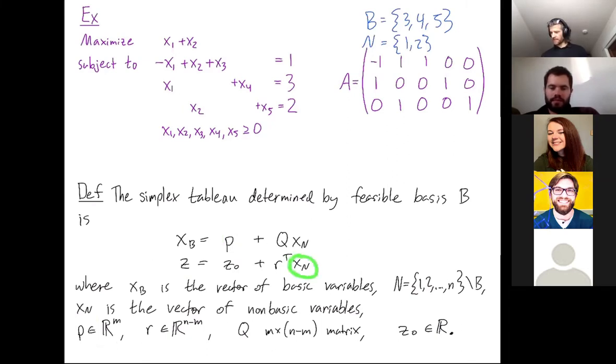This vector has length n minus m, and so R also has to have length n minus m in order to take this inner product. And you can figure out the size of Q, and Z naught is just a real number. When I plug in 0 for my non-basic variables, Z naught is going to be the current value of my optimization function.